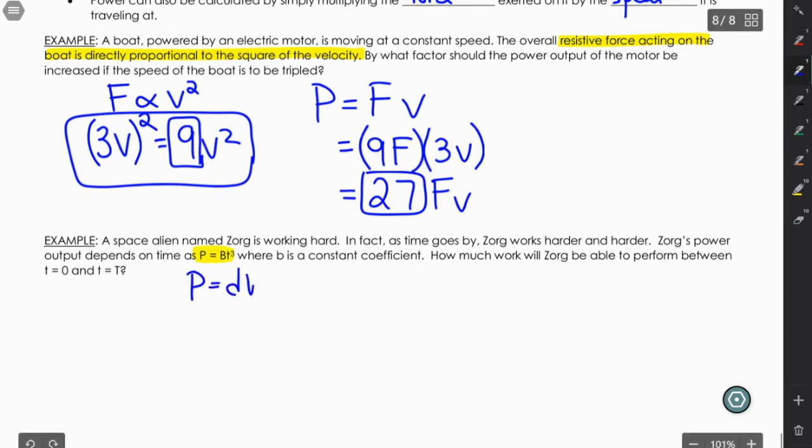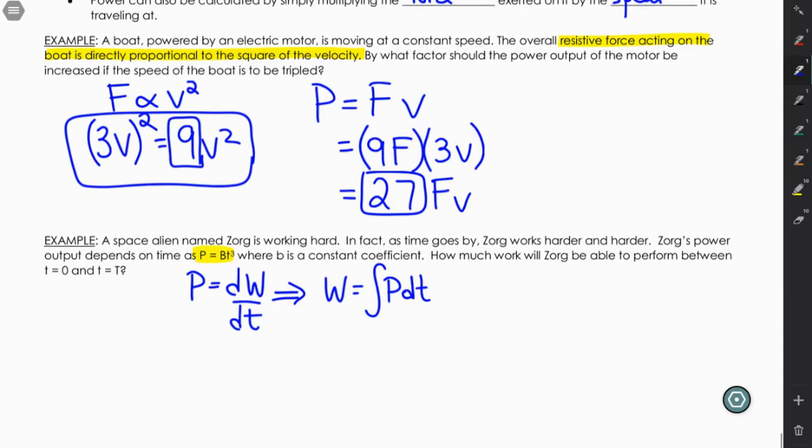That means our work done and our power done is not going to be constant. And so we're going to use power equals the derivative of work. And we're going to solve this for work, which tells me that work is the integral of power with respect to time.